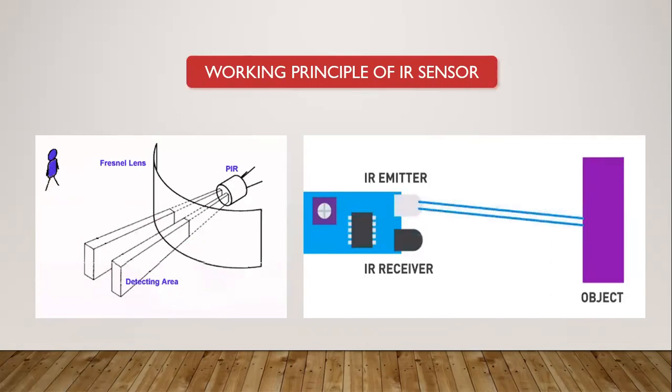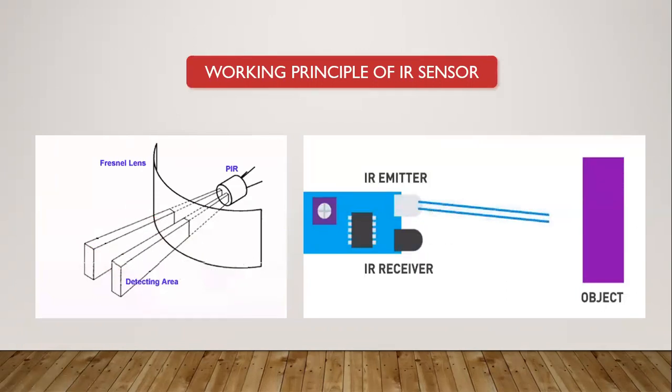When the sensor emits an infrared ray, if there is an object, the rays are incident on that object and reflection will occur. You all know that if any rays are incident on an obstacle, reflection will occur. The same phenomenon we are using here. Due to this reflection, we can understand whether there is an object or not. If there is no object, no reflection. If there is an object, definitely reflection will be there. That will be received by the receiver, and then we can detect that there is an object.